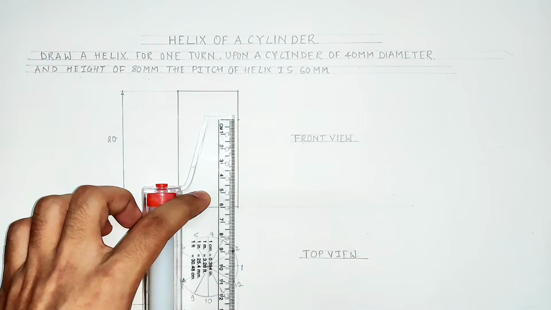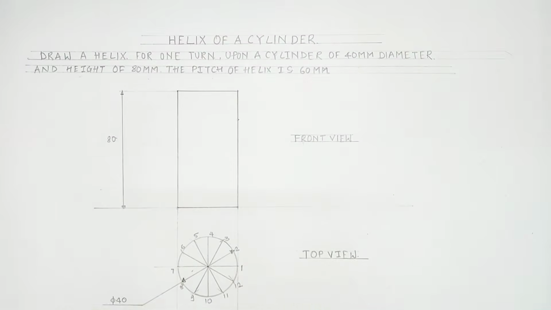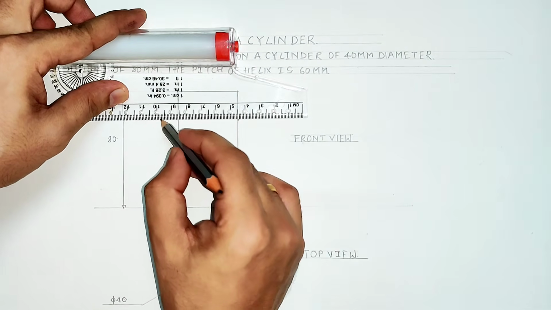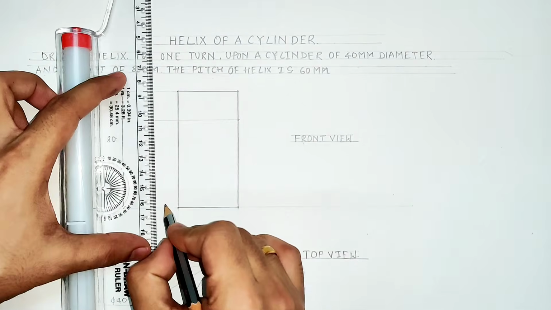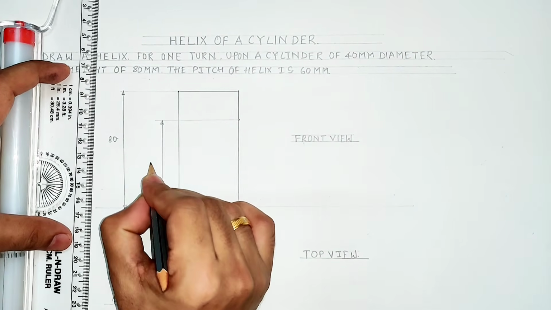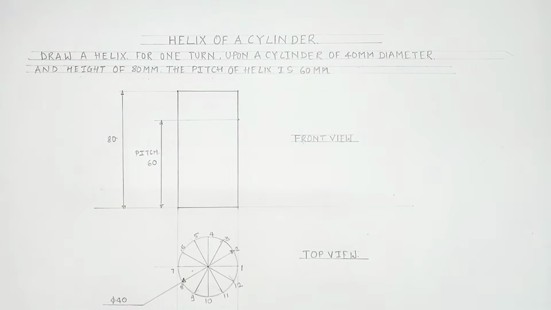Now we are marking the pitch height, which is 60 mm. So we will mark a line of 60 mm. In the exam, the height of the helix can be variable, so you can mark that accordingly. So the pitch height is 60 mm.